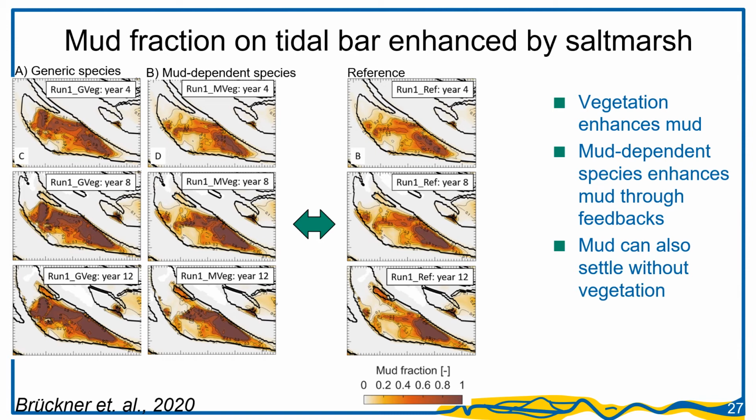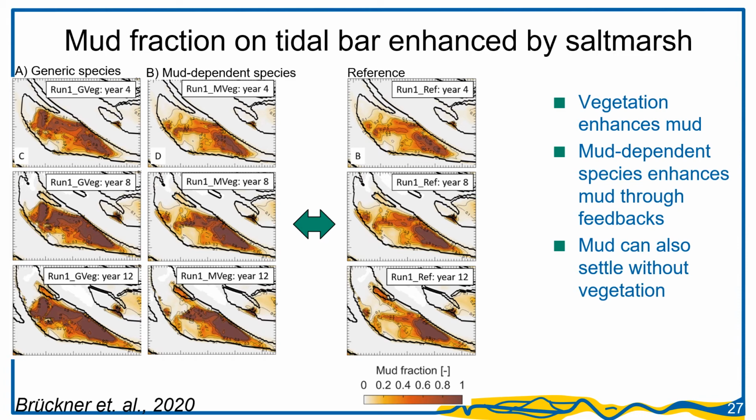And if we compare that to the mud-dependent species, there is a difference in mud coverage depending on the saltmarsh species. So the type of species seems to determine how much mud and where the mud can settle. And if we compare this then to the reference run, we see that without any vegetation present, there is also mud settling on the bar, especially in the southern tip, but the saltmarsh cover is much lower than if there's vegetation present.